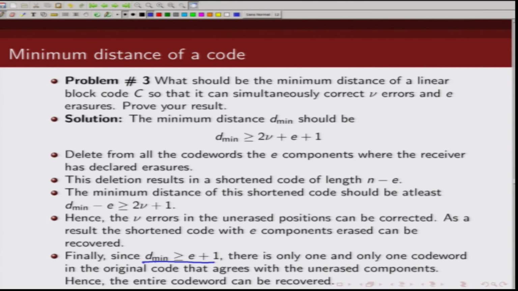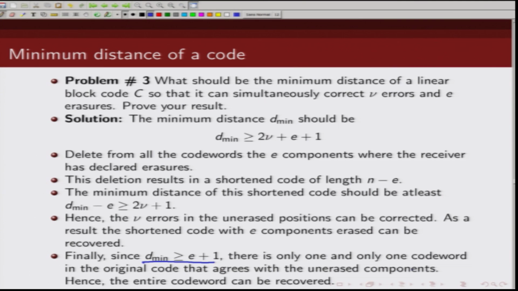As long as minimum distance of the code is greater than E plus 1, there is only one code word in the original code that agrees with the unerased components. So, there is only one code word that maps from the shortened code to the original code.